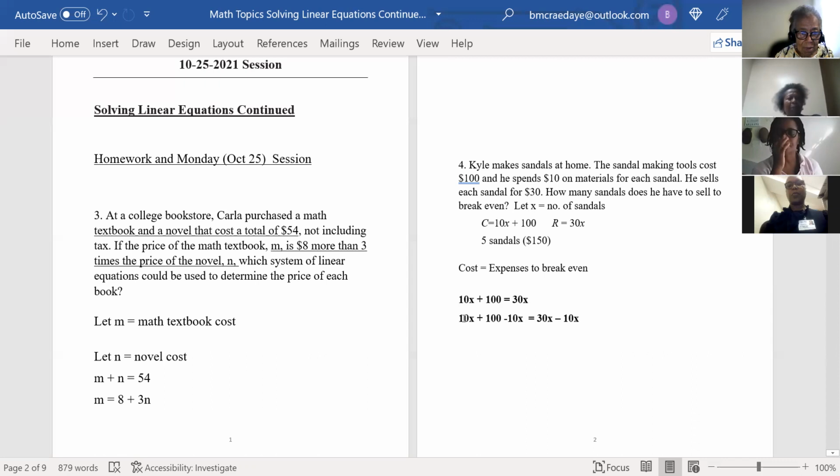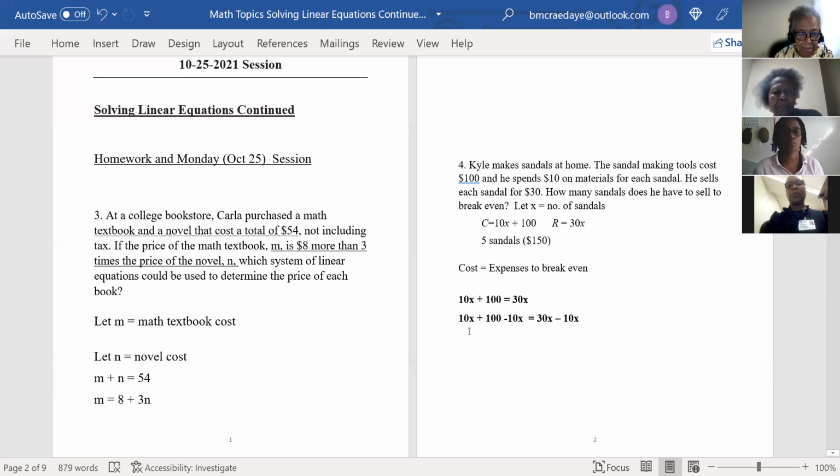So what's remaining over here after you take the 0 out? 100. You see what I'm doing here? That's the left side.